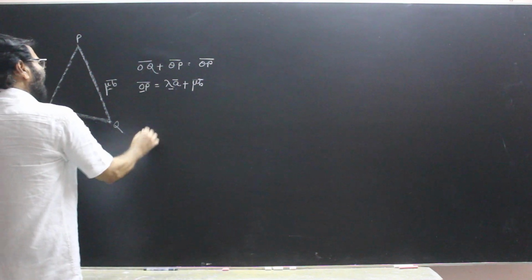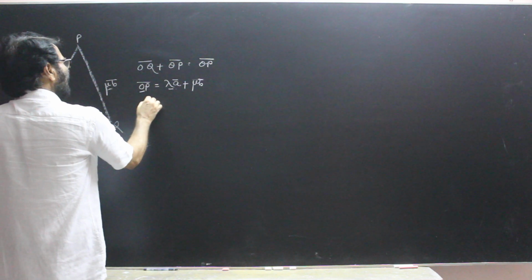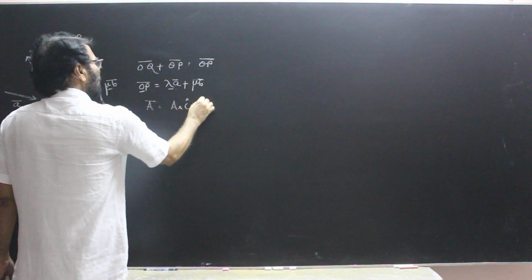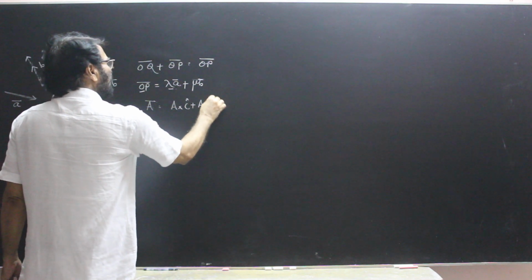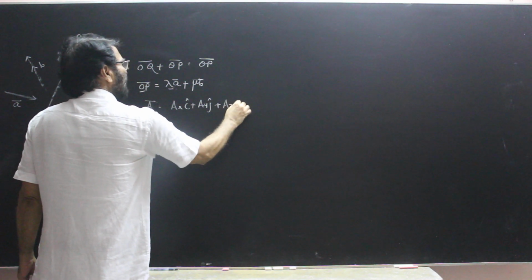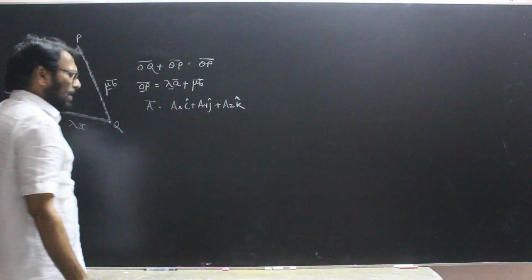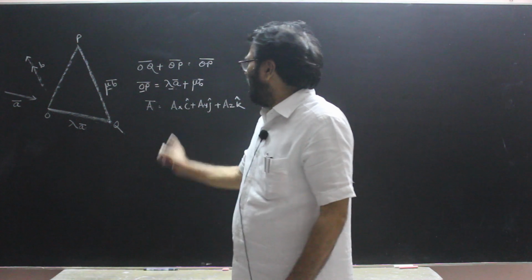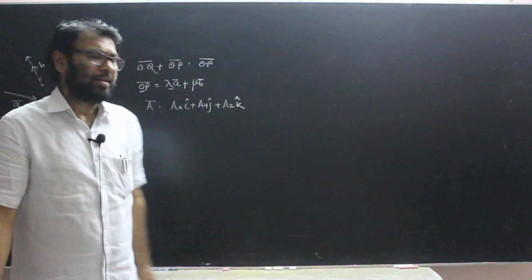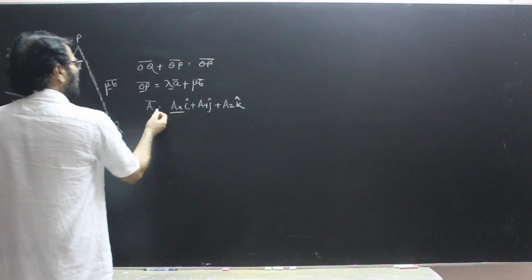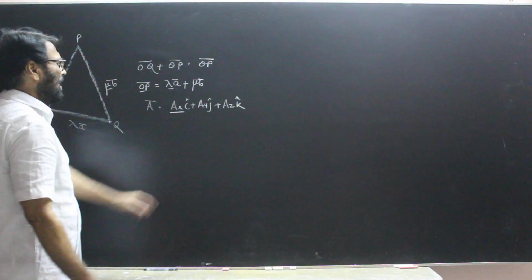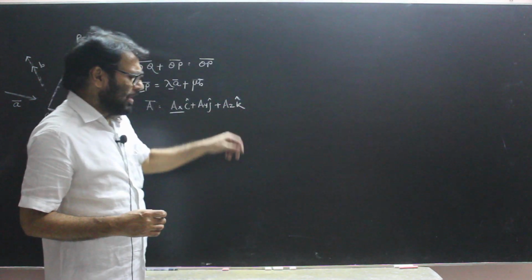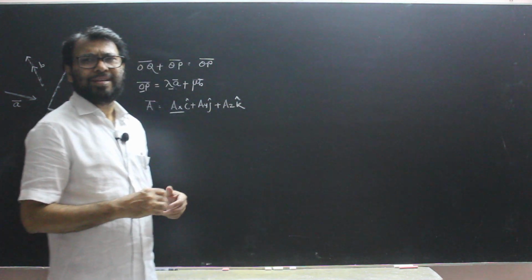We can resolve a vector A of course in three mutual directions as AXi plus AYj plus AZk, where i, j, k are unit vectors in the direction of x-axis, y-axis and z-axis, and AX is the component of vector A towards x-axis, AY is the component of vector A towards y-axis, and AZ is the component of vector A towards z-axis.